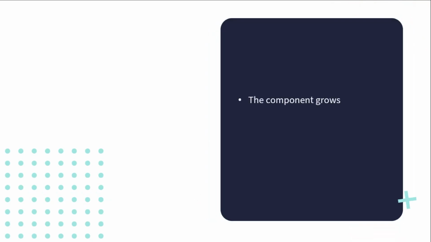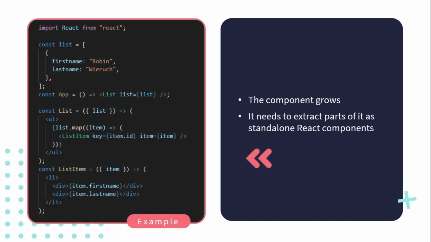It naturally grows in size and needs to extract parts of it as standalone React components, like this. Here, we're extracting a React list component and another child component from the app component. And it's fine to have multiple components in one file. It's even fine in a larger React application, whenever one component is strictly tied to another one.